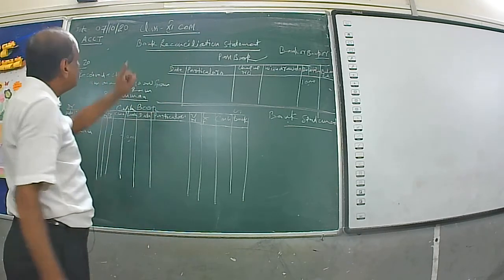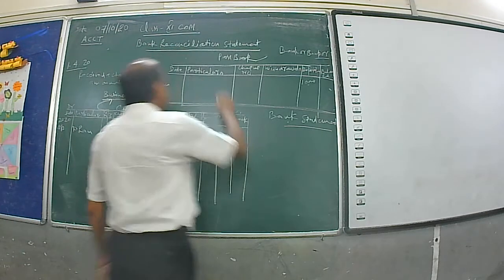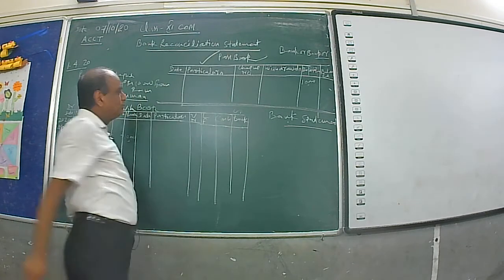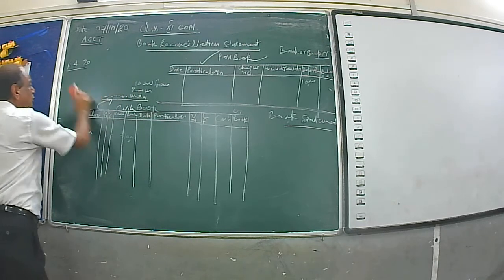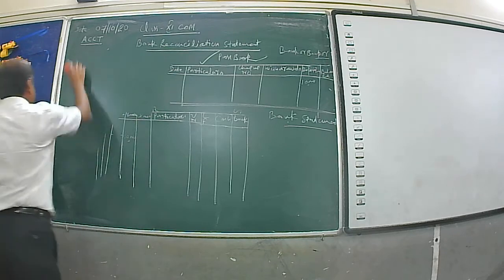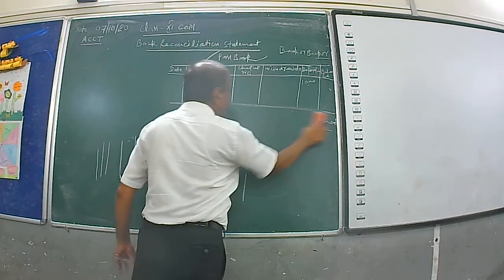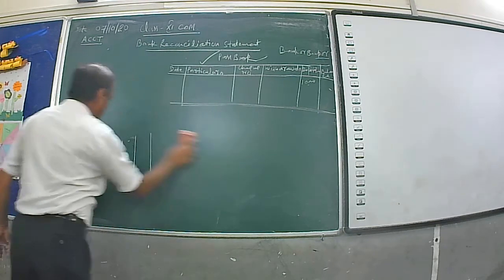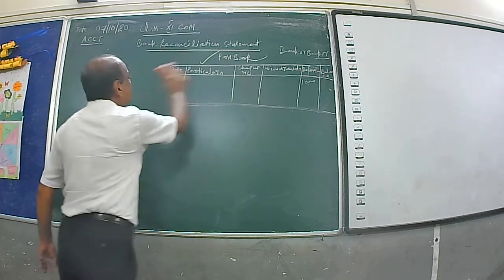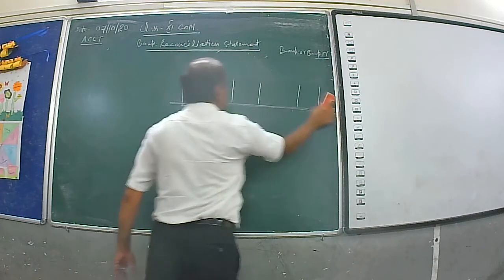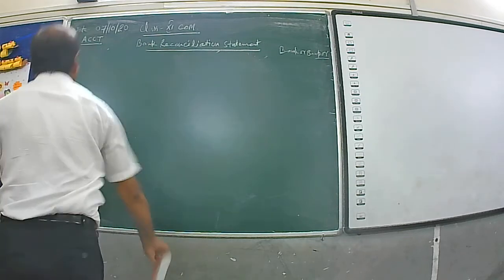Now see the purpose of preparing bank reconciliation statement. This is the original format of passbook, but in order to prepare a bank reconciliation statement, I would like to tell you the format of passbook in a different way so that you can easily solve the problem. Now see one by one.